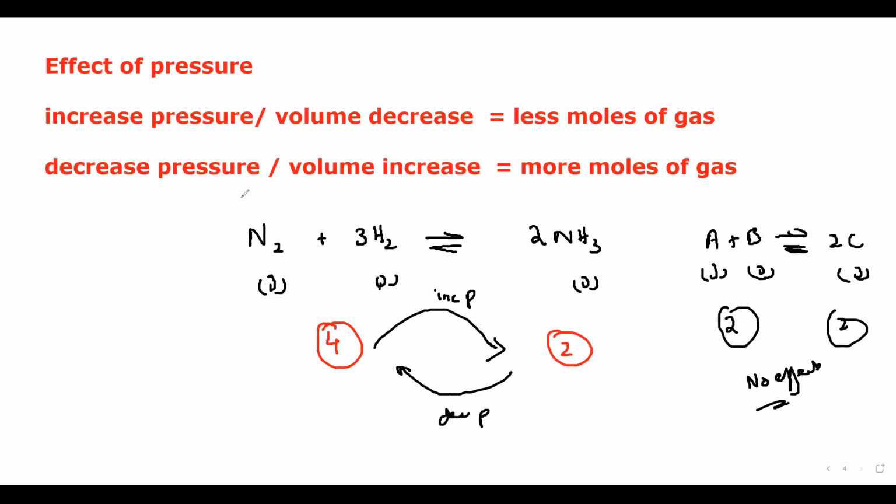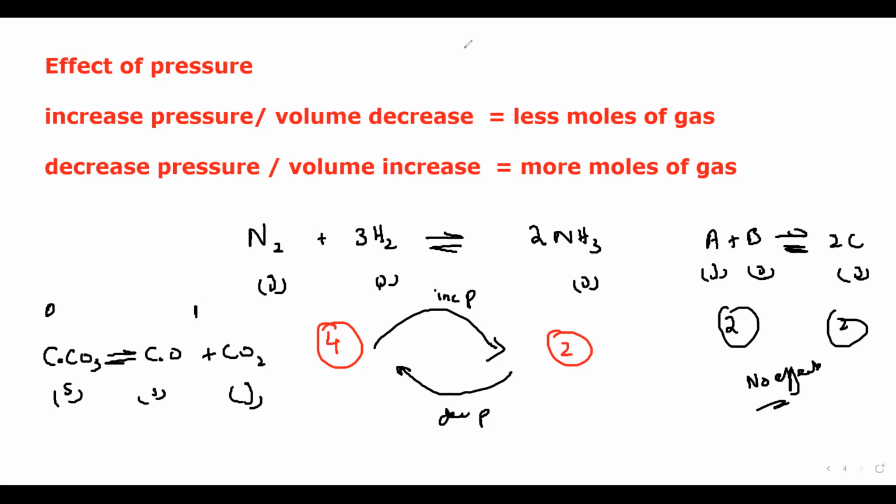And in the same way, if we have a reaction such as calcium carbonate decomposing into calcium oxide plus carbon dioxide. Calcium carbonate is solid, calcium oxide is also a solid, carbon dioxide is a gas. So on the left hand side we have 0 moles of gas, but on the right hand side this is 0 plus 1, so 1 mole of gas.